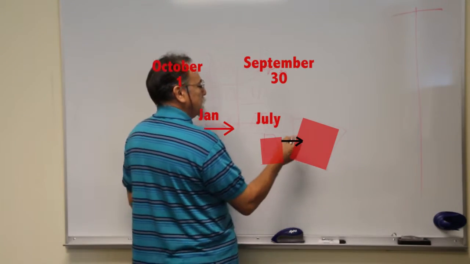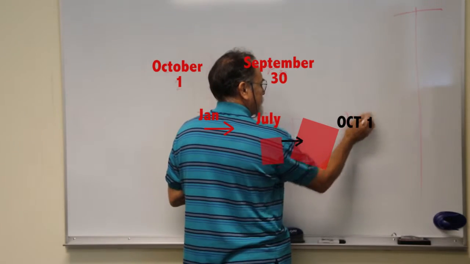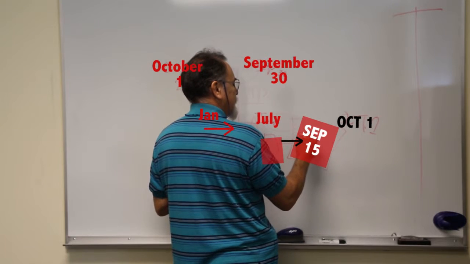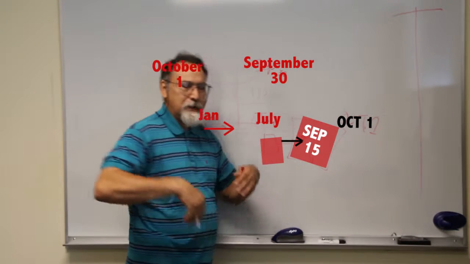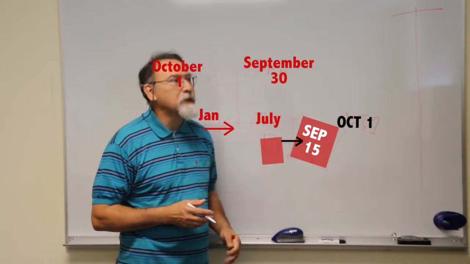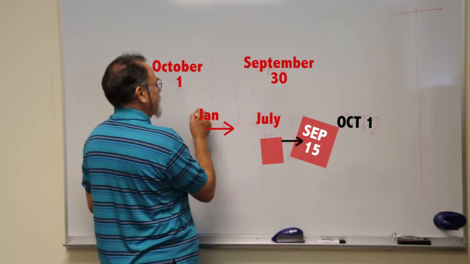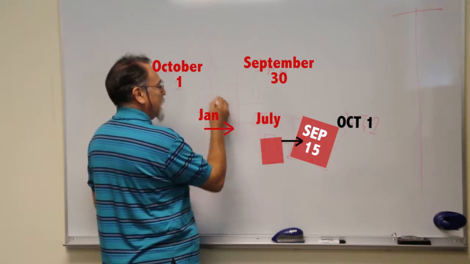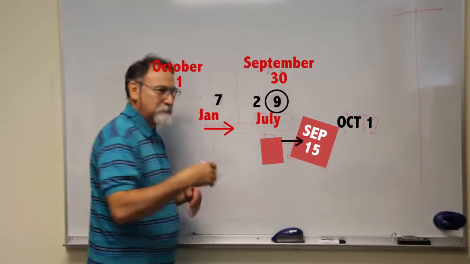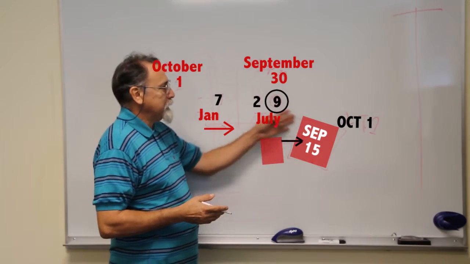So usually what you want to do is, since the business year begins October 1, you want to have everything in place somewhere around September 15th. Because you have to implement it and everything has to be initialized so you can run it for the first pay period come October 1. So usually somewhere around the middle of September, everything's done. So you work from January to July, 7 months, and then it takes another 2 months, so you have 9 months of work by the time you get to August and September. And then it's going to be implemented.